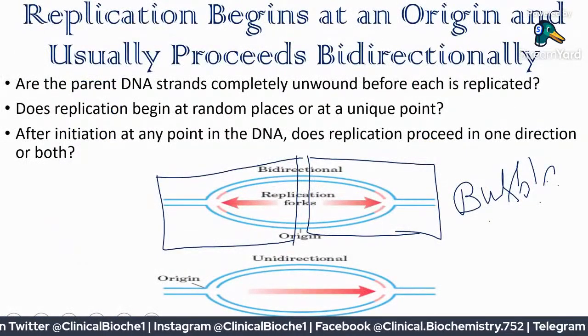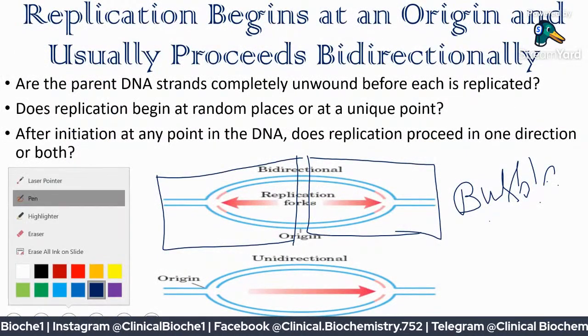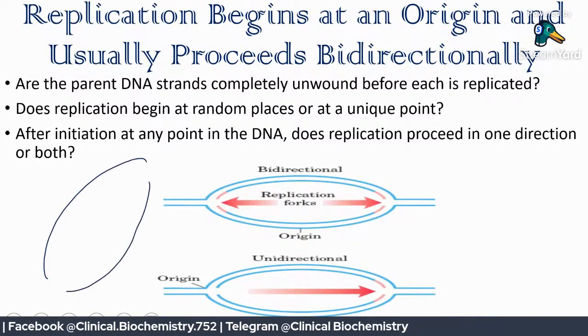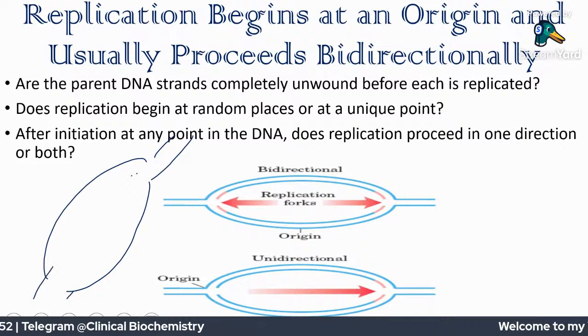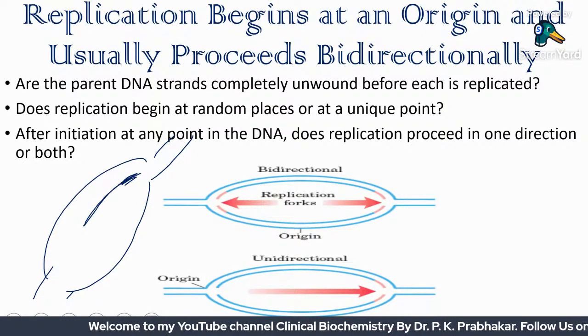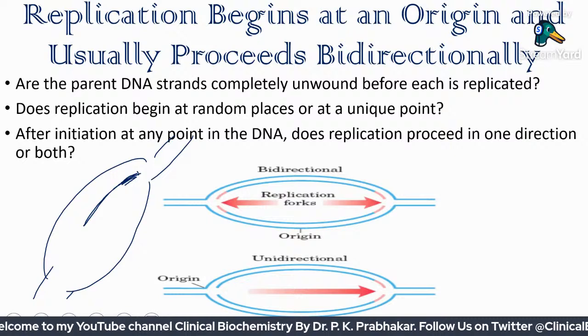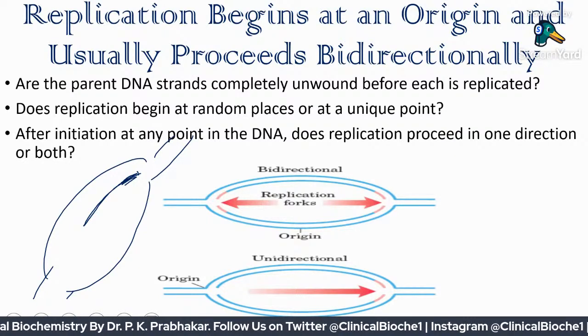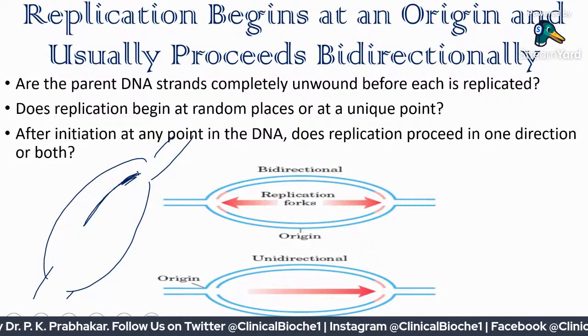See, here. This is my DNA. This is my bubble. I want to start DNA replication from here. This is my DNA, and I want to start from this side. Currently, I don't have the second strand here. So DNA polymerase needs to synthesize DNA strands, but DNA polymerase cannot add the first nucleotide. DNA polymerase can add nucleotides only on pre-existing nucleotides.